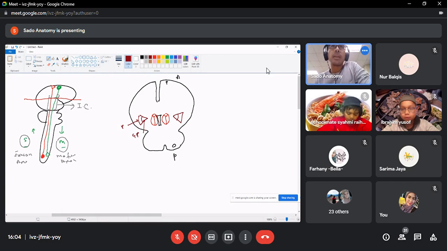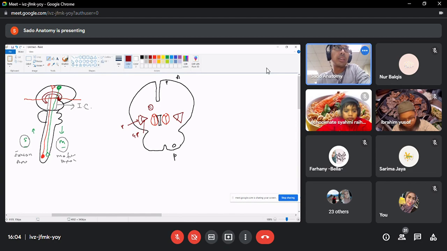Anterior to your thalamus and also the lentiform nuclei, you have another nucleus sitting over here. It's a C-shaped nucleus, but when we cut this brain, you can see only one piece of it, this region only.